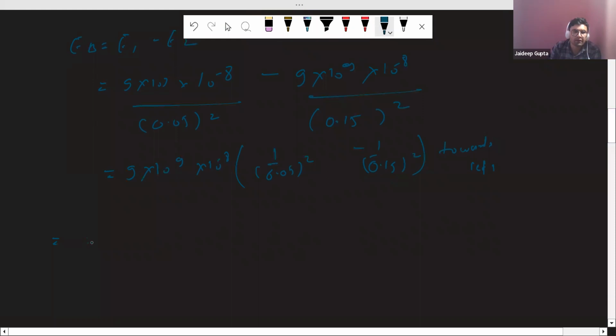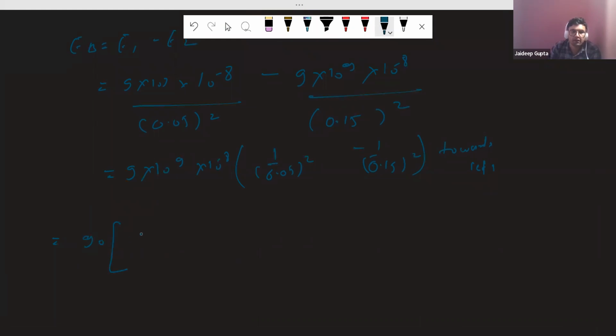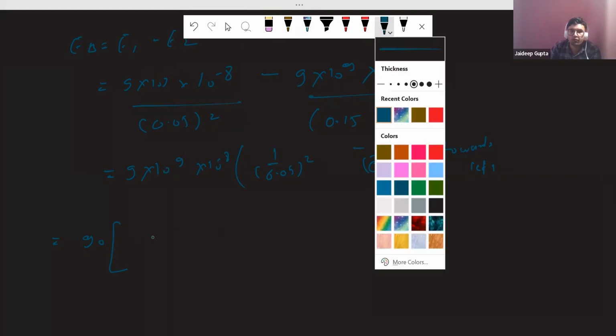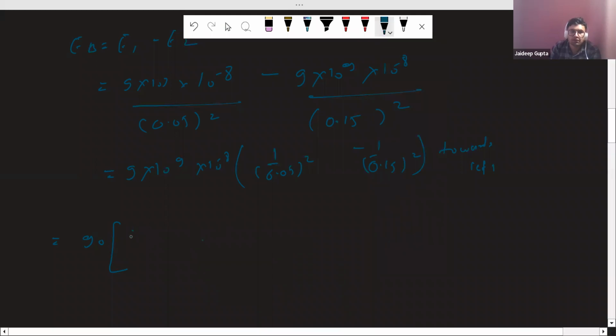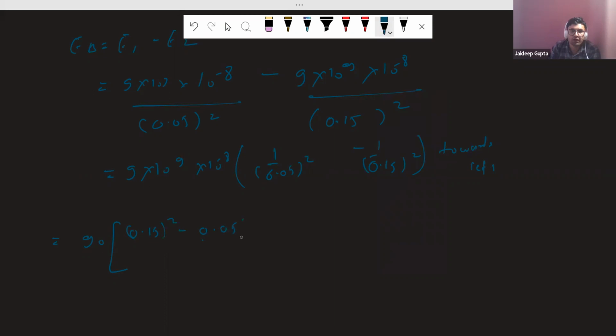Now calculate 9 into 10 to the power 9. 0.15 square minus 0.05 square over 0.05 square, 0.15 square. Now solve it.